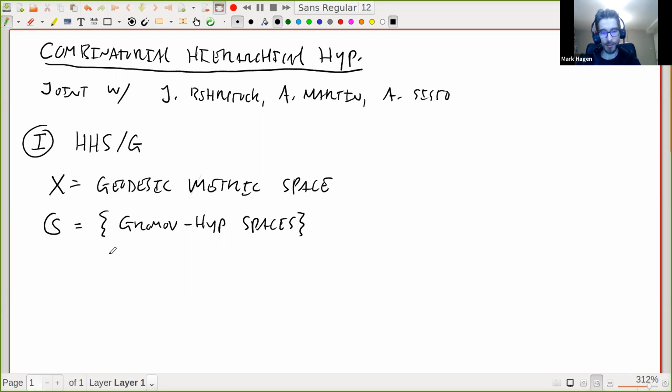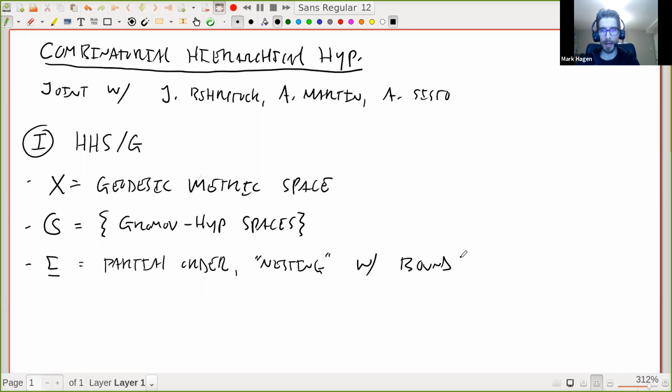And then we have some relations. We have a partial order called nesting, and it has two important properties. There has to be a bound on the length of chains.